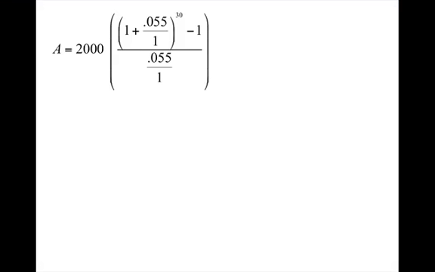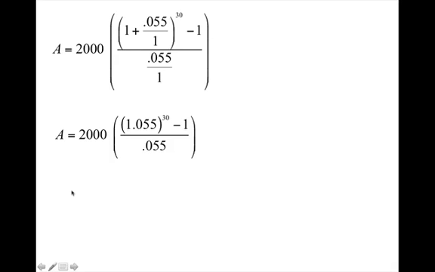So when we entered the 1 plus 0.055 divided by 1, we got 1.055. And to save room on the computer screen, I've dropped the 1 in the denominator as well. When we raised that to the 30th power, we ended up with 4.98, and that decimal continued on.